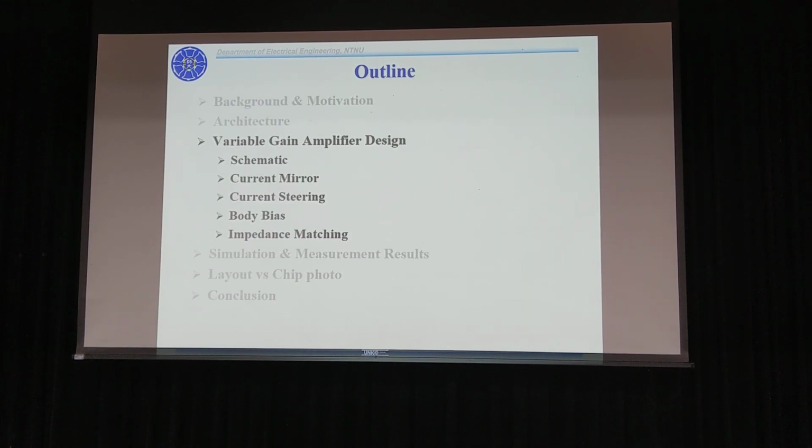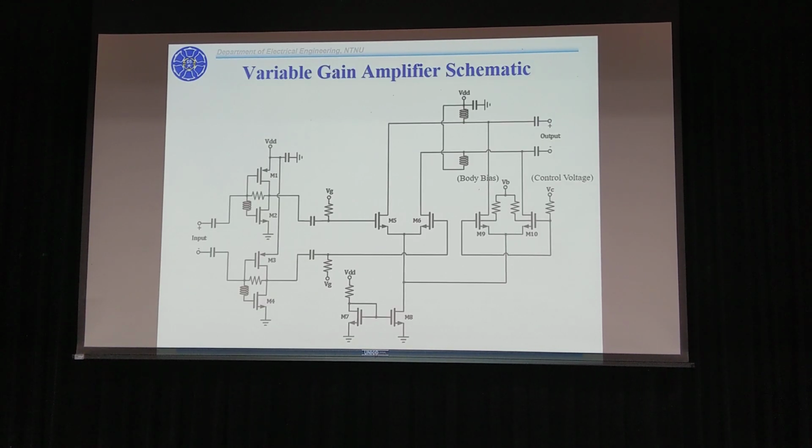Next, I will introduce the complete architecture of the variable gain amplifier and its components, along with the advanced design considerations. Here is the overall circuit diagram of the variable gain amplifier, which uses a differential input and output configuration.